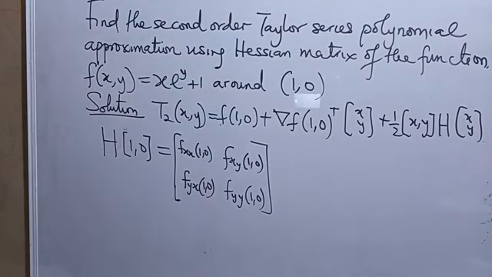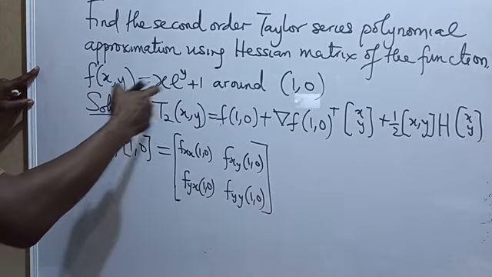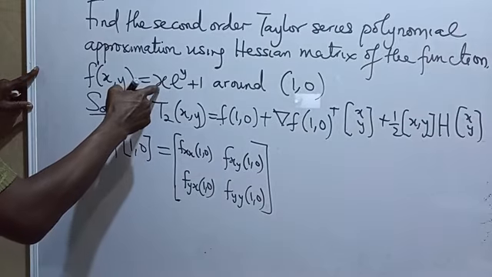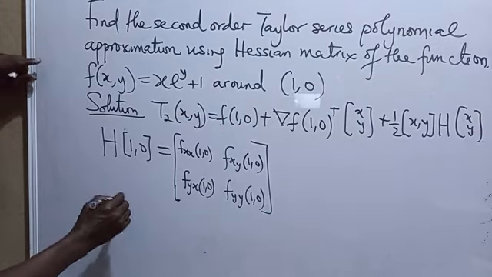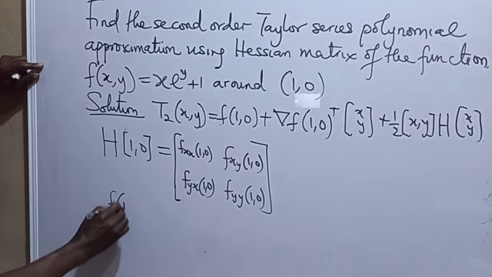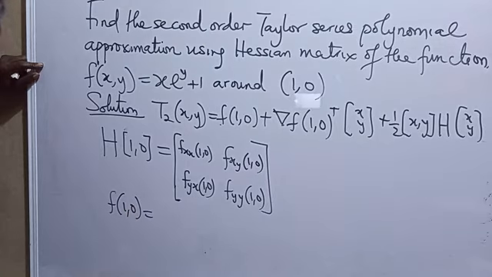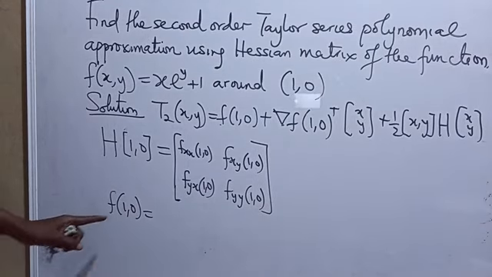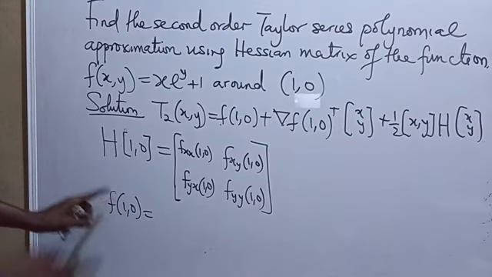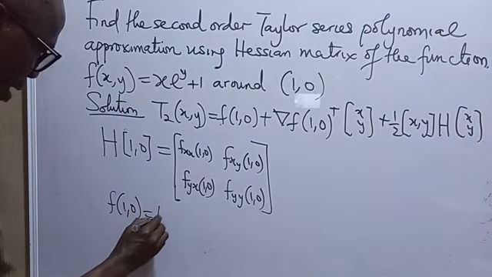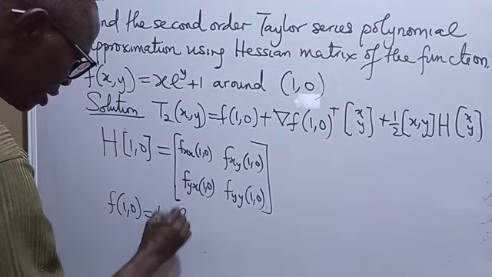Now, how do we go about this first term? Fine. We know already that our f of x, y is x exponential y plus 1. So from here, f of 1 comma 0 will be when x is equal to 1, where x comes first, and y is equal to 0. If x equals 1, you have 1 times exponential 0.